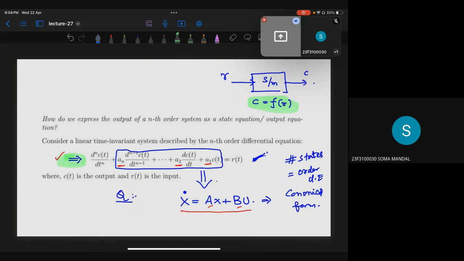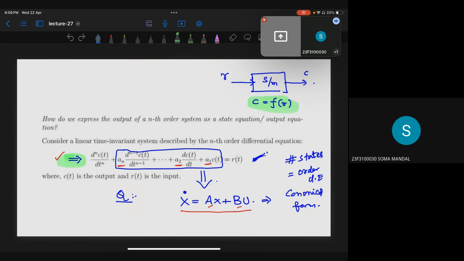On the left side, you have differentiation terms in the output C, correct? Whereas on the right side, you have input term with no differential terms.